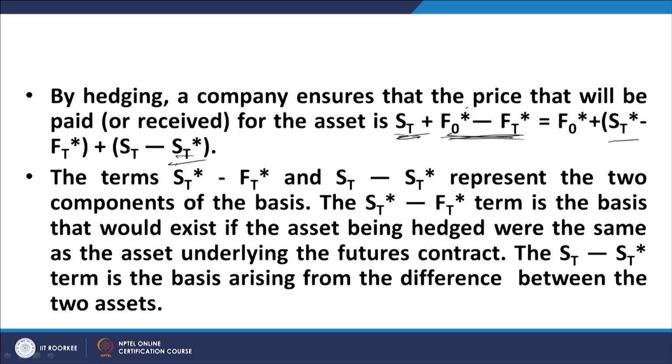So, in other words, by introducing this plus and minus, I am splitting up the price into three parts. One part which is F naught star, the second part which is S naught star minus F naught star, and the third part which is ST minus ST star.